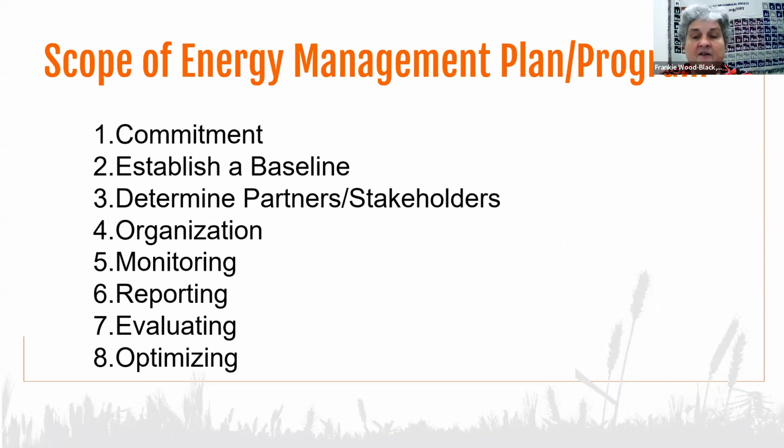So if I'm going to set up a program, there's the one scope of what's covered under my program. And then there is another scope of what's included in my plan or program at my company or business level. First is you've got to have the commitment. You've got to have support of your management.